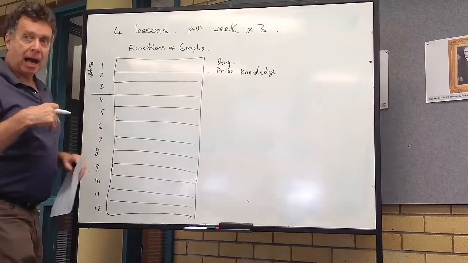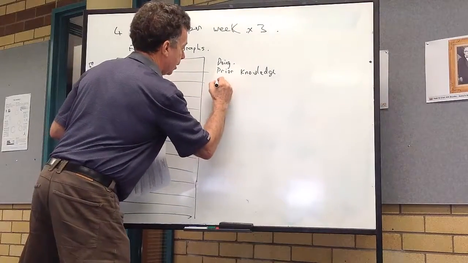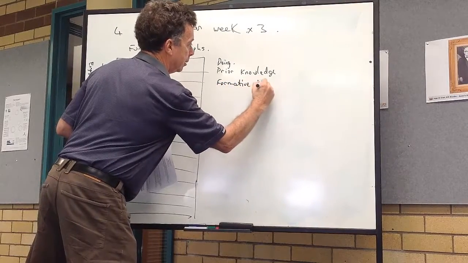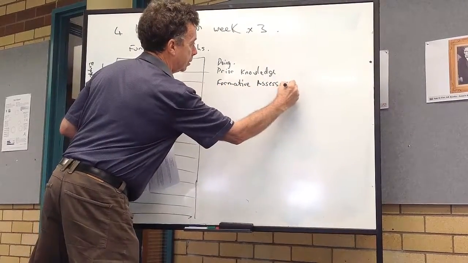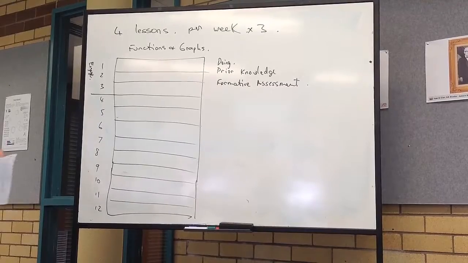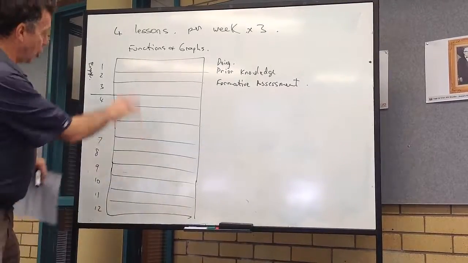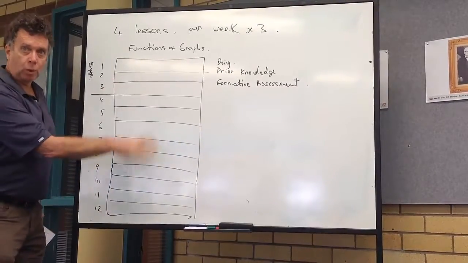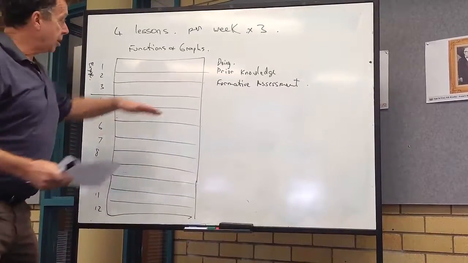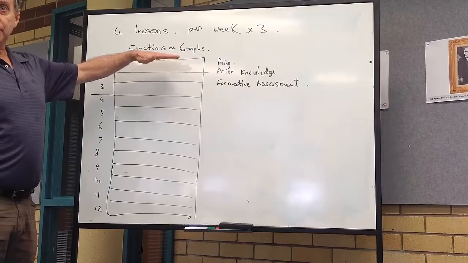And it's about us... what's the purpose of the formative assessment in these first three lessons? To find out what they already know. So we know what they already know, so that way we can design and adapt what we thought we were going to do to fit the need of the student. So that's the sort of stuff I look for in this first few lessons.